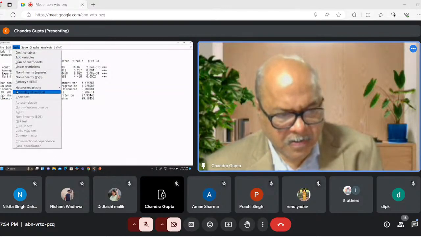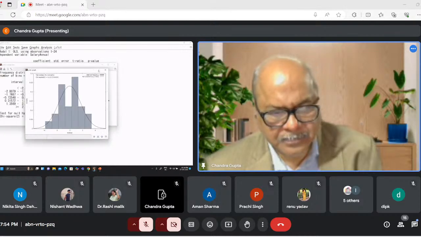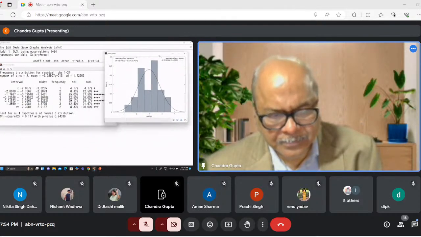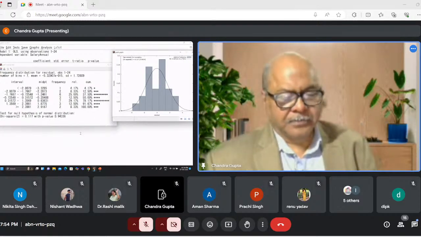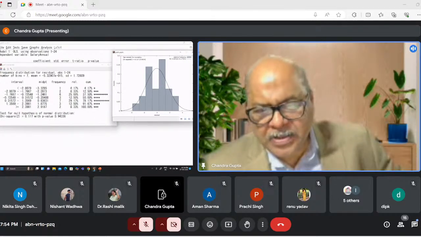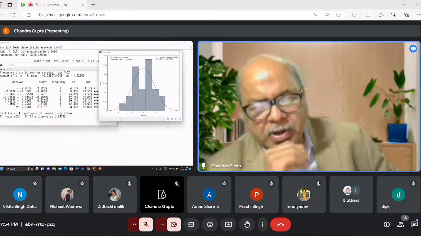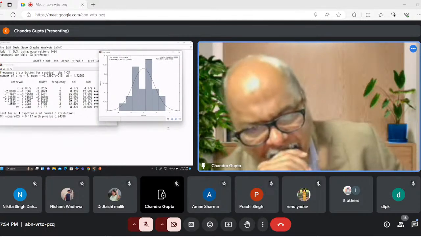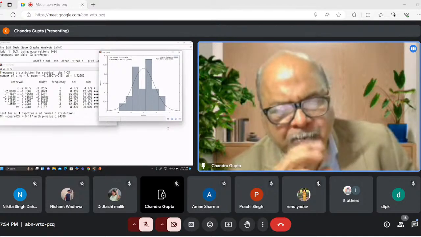Tests, normality of residuals. If you see the graph, what you get looks to be normal, but slightly more peak somewhere, but that may be random.